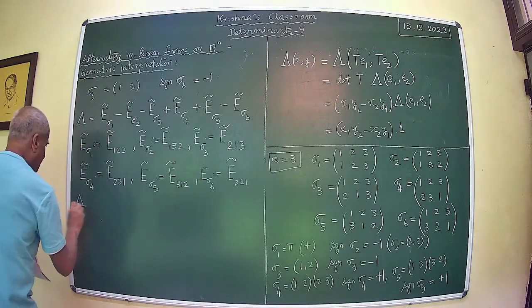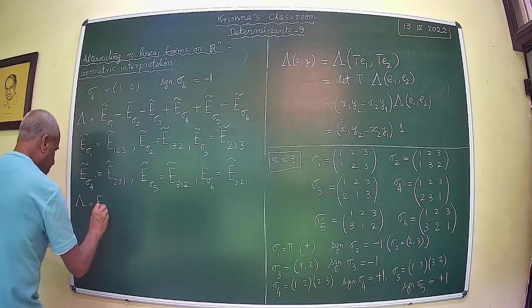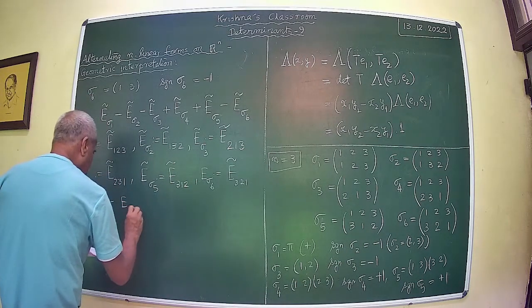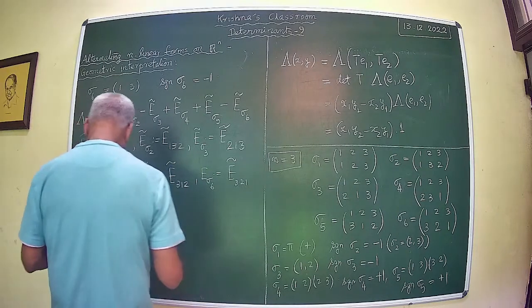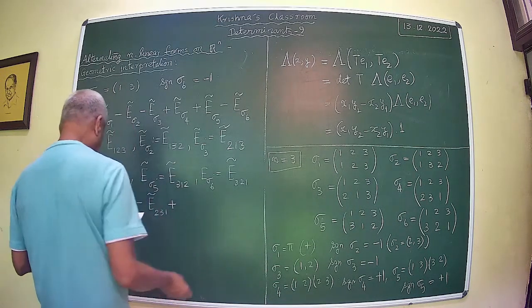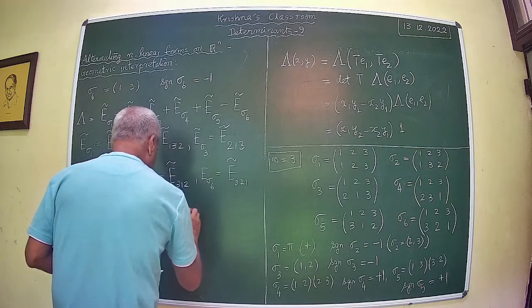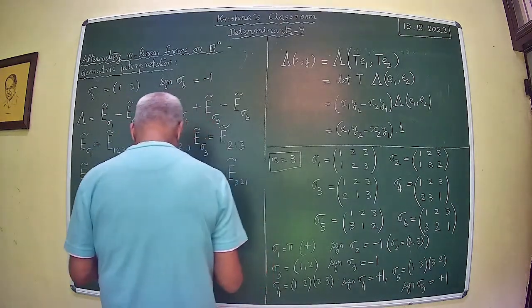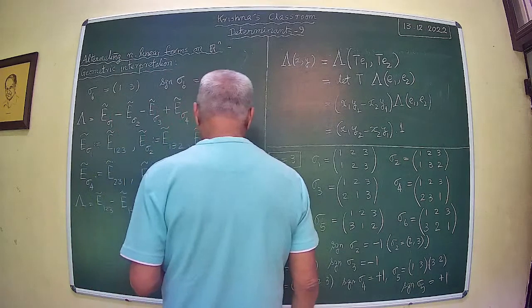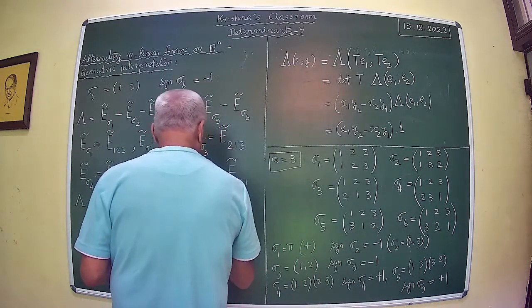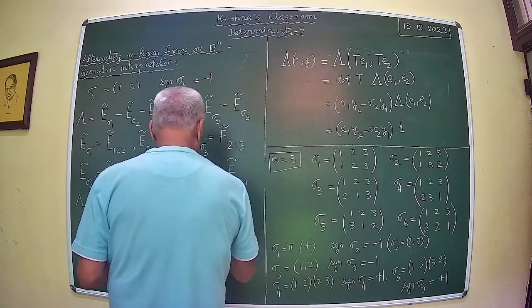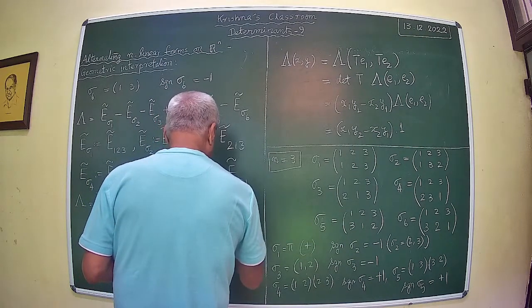Lambda is equal to E 1, 2, 3 minus E 1, 3, 2 minus E 2, 1, 3 plus E 2, 3, 1 plus E 3, 1, 2 minus E 3, 2, 1.